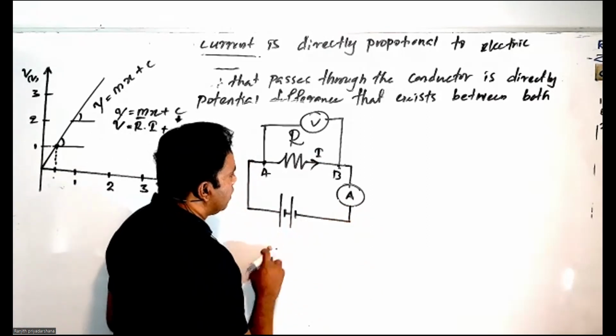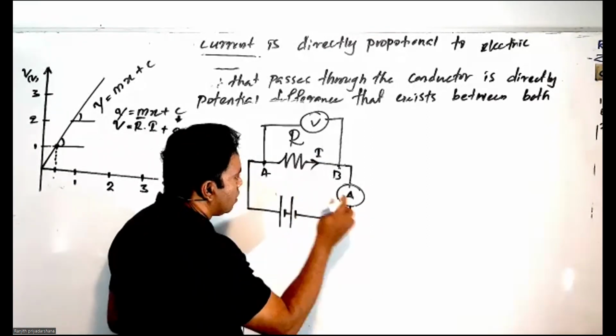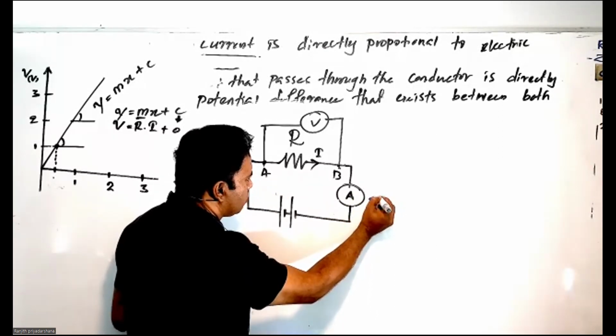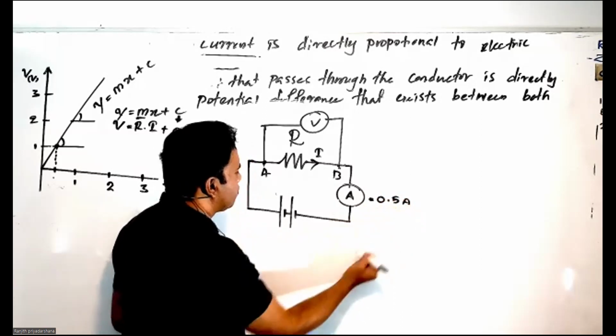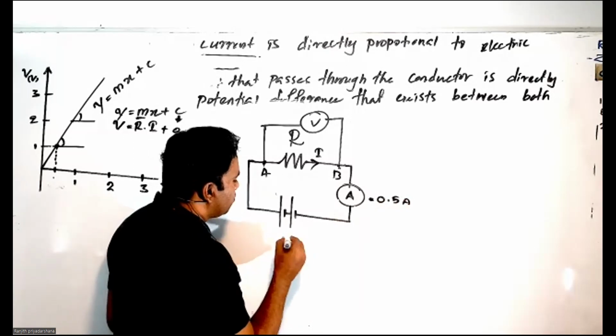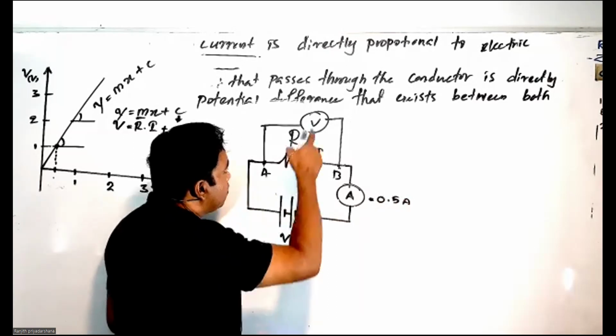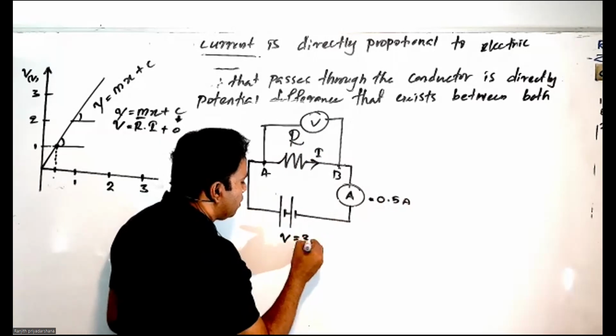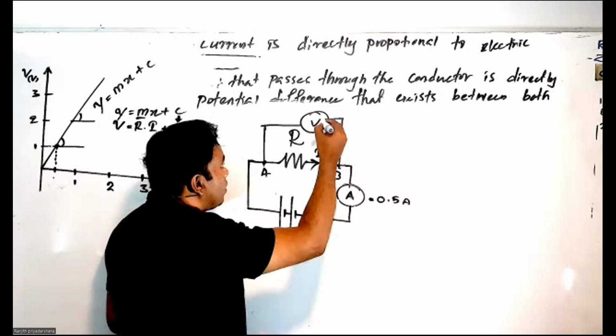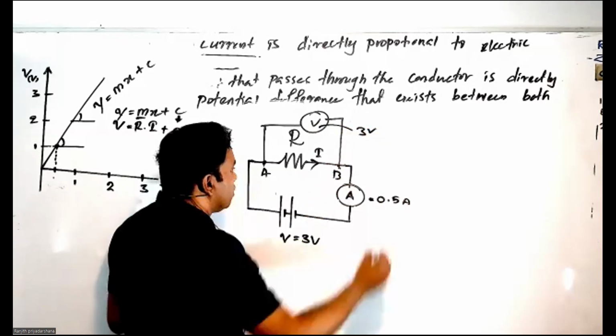The electric current we can read from this ammeter equals 0.5 ampere. Okay, so voltage supply V can be seen here. That's 3 volt because 1.5 plus 1.5 is 3 volt. You can read that here, 3 volt.